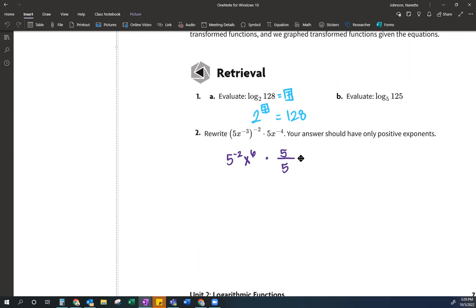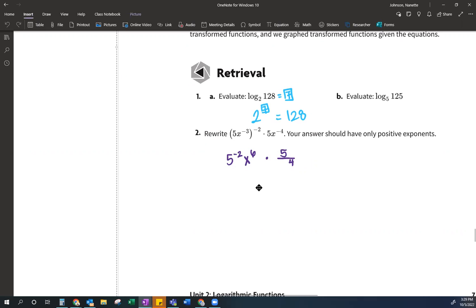Ms. Johnson, why doesn't the 5 go to the bottom? Because 5 has its own exponent. What is its exponent? Yeah, it's an invisible 1, right? And because it's an invisible 1, it doesn't get divided by 5. So I'm going to change this around so it's divided.